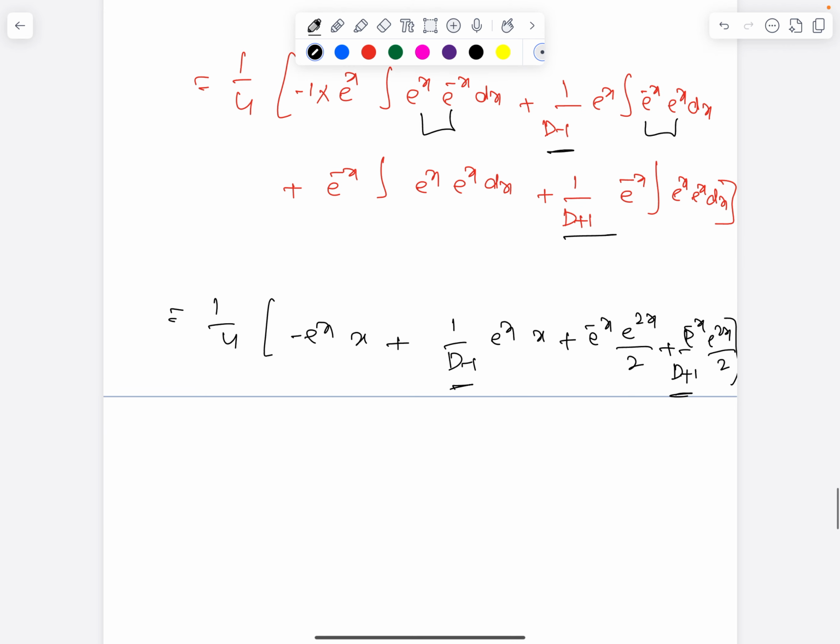Once you apply that, y p i is of the form minus x e power x, nothing to do with that term. The other term is giving x square by 2 e power x, and the e power x by 2, which is also free from the integration. 1 by d plus 1, you have to treat it again and simplify it.